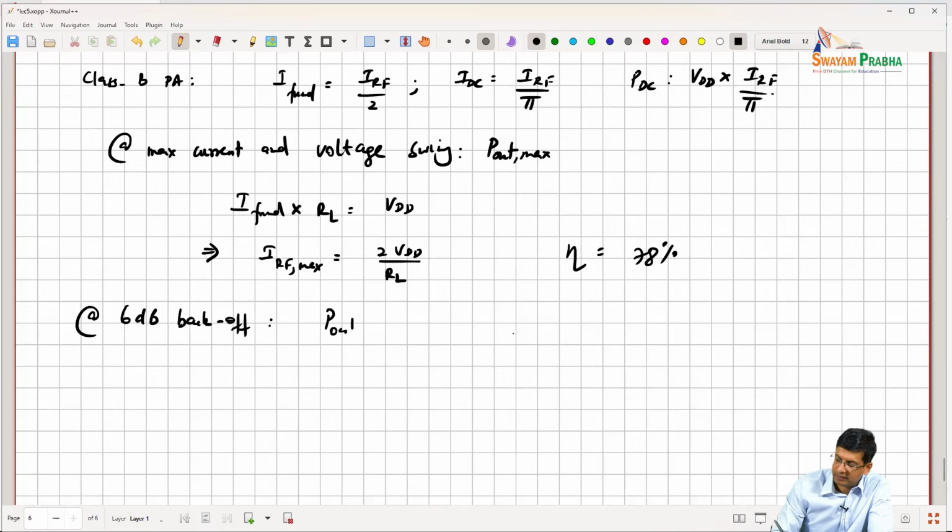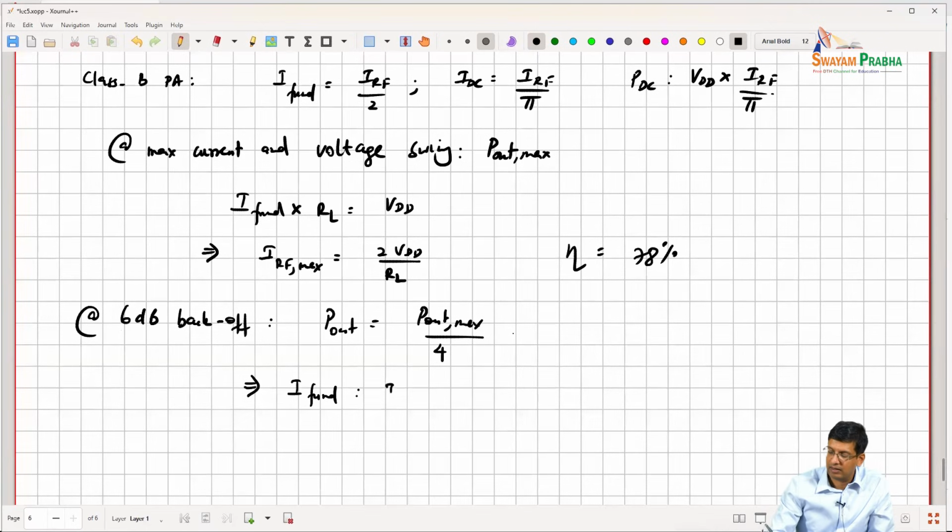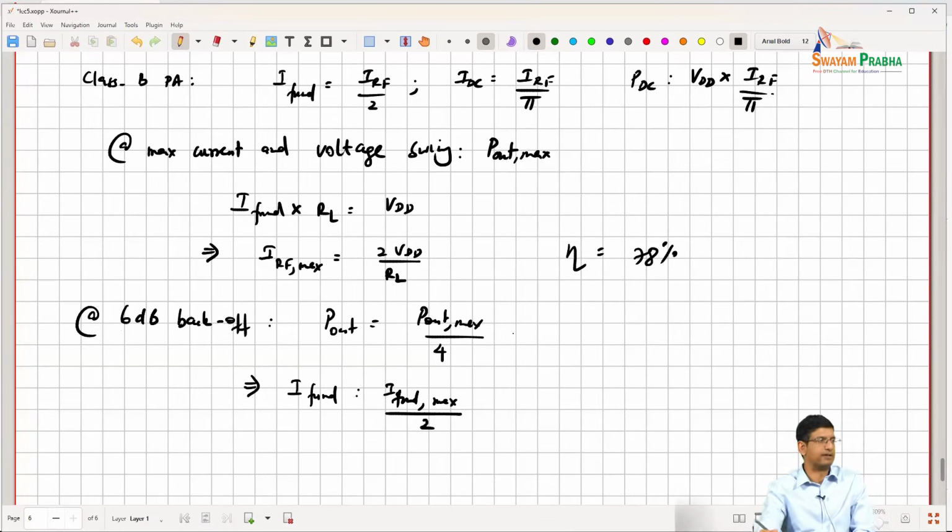At that point, my P out is P out max divided by 4. So this means that my I fundamental is I fundamental in the max case divided by 2, because it's I squared times RL.